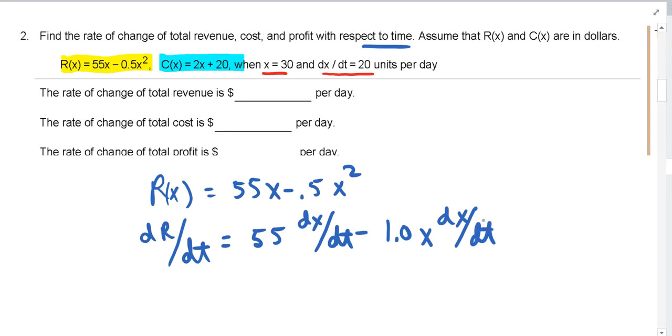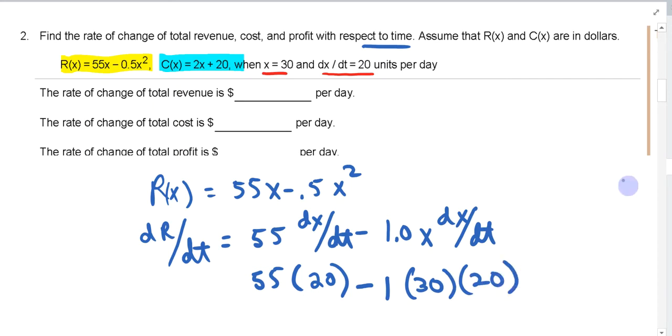Now we're going to plug in the things that we have. So we have 55 times 20, because that is dx/dt, minus 1, x is 30, dx/dt was 20.